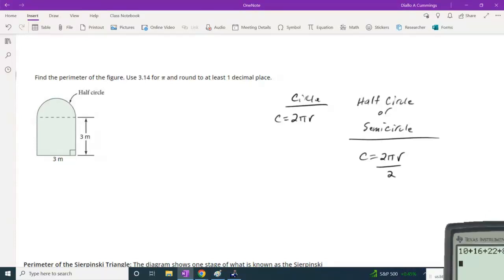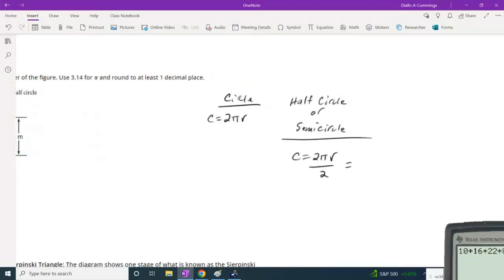So that means in order to find the circumference of a semicircle, you're going to use the formula pi times r, right, instead of 2 pi r, because 2 pi r gives you the entire circle.